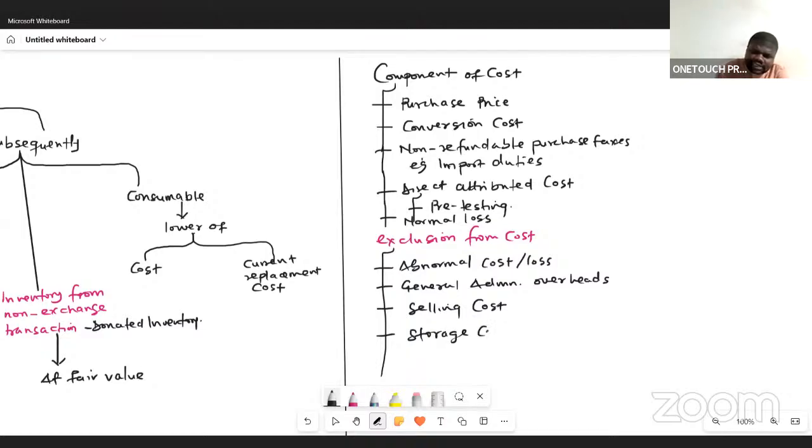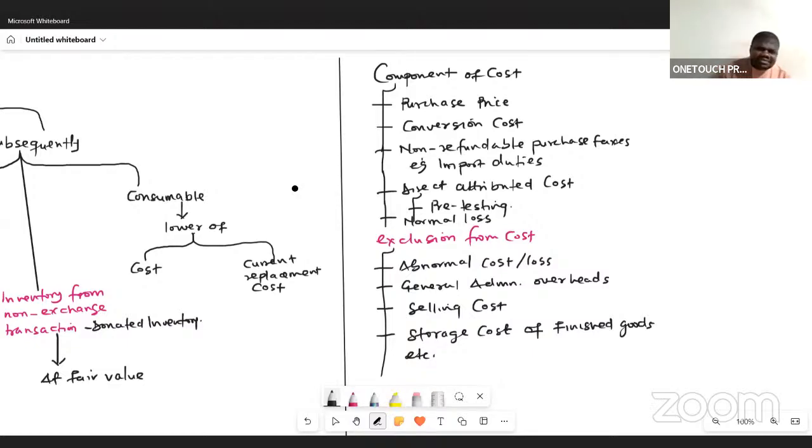If the storage cost is for raw materials, then it's part. But if it's on finished goods, it is not part. Storage cost of finished goods. Right, so these are all not part, and so on.